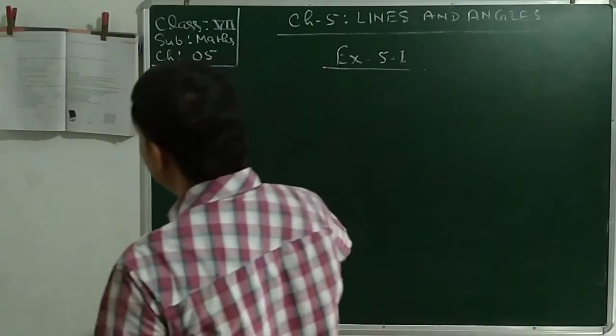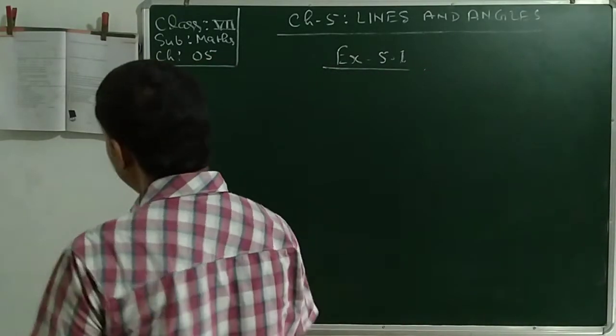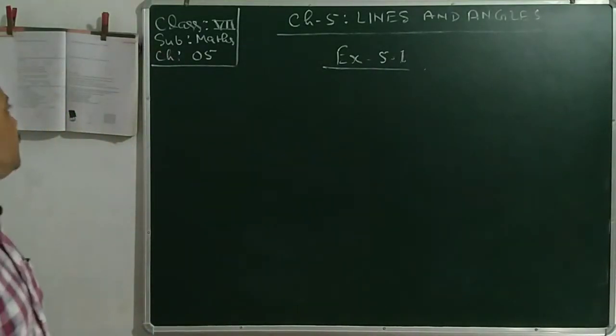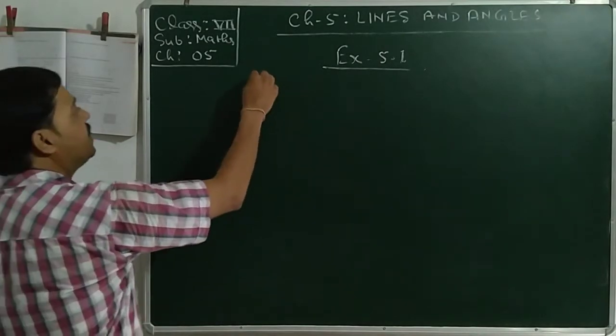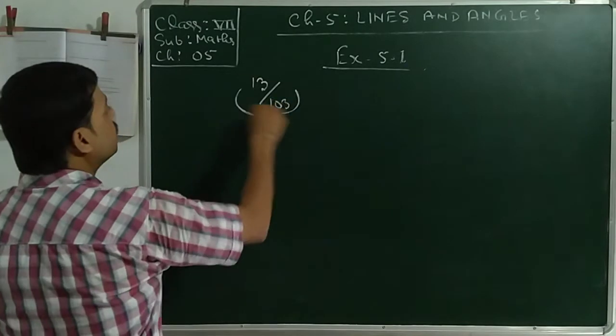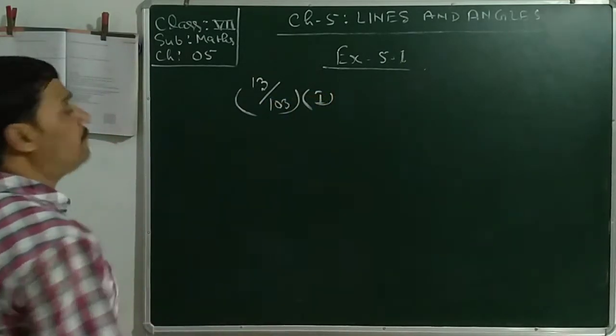In the 13 number, you are asked to fill in the blanks. If two angles are complementary, then the sum of their measure is. First is complementary angle.